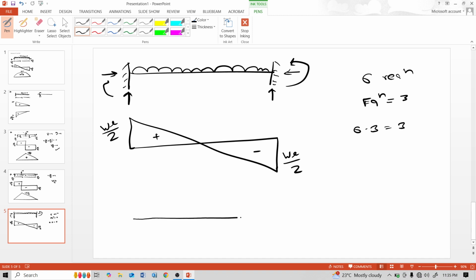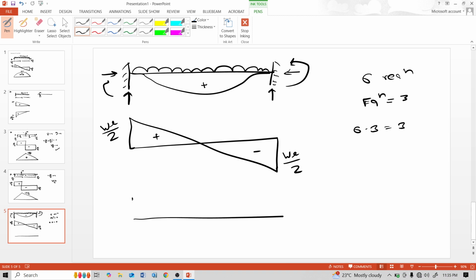In this beam there is deflection like this. That means at the center of the beam there is sagging bending moment, and at the supports of the beam there is hogging bending moment.